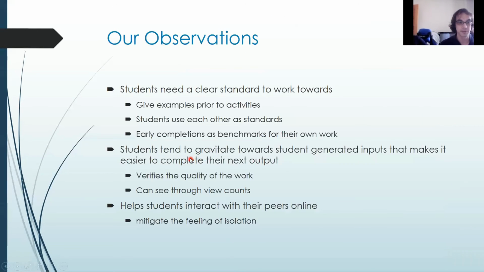Okay, so we've run these through several semesters now of online teaching, and we've seen a bunch of different things that happen as a result. And first, if you give a clear standard for students to work towards, you get better results.